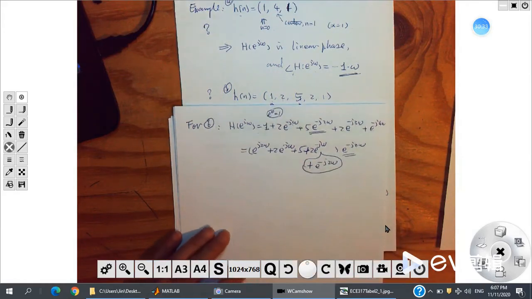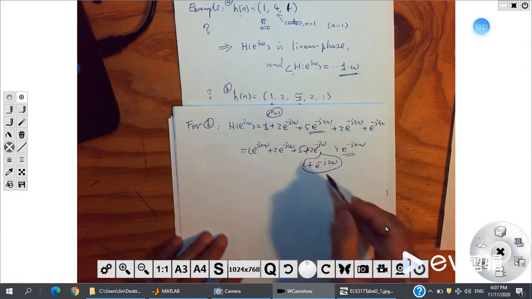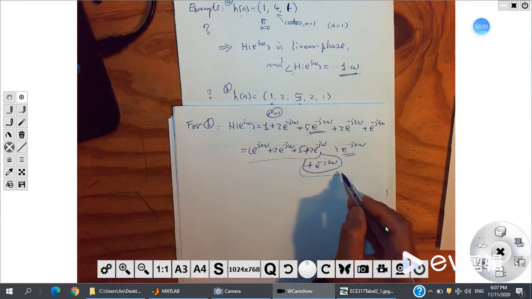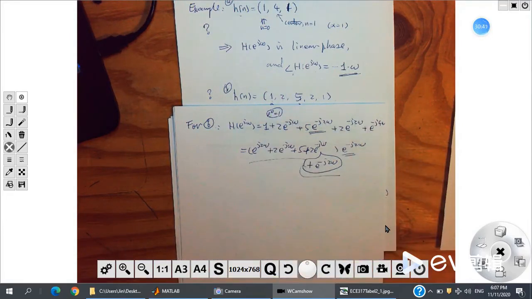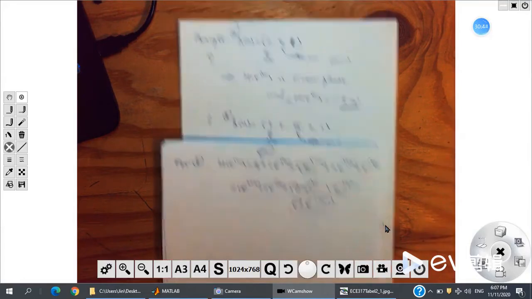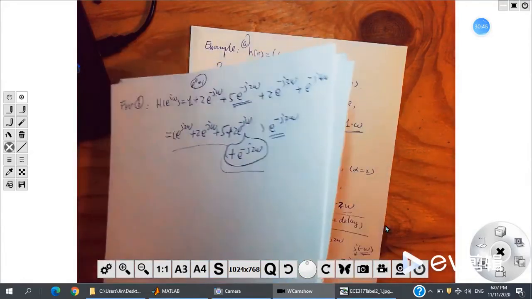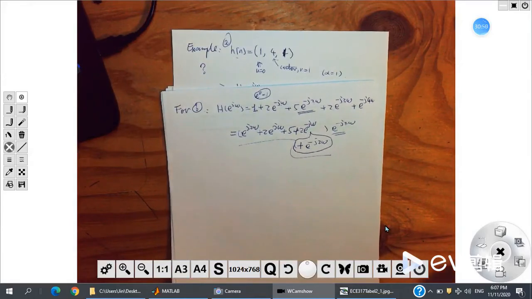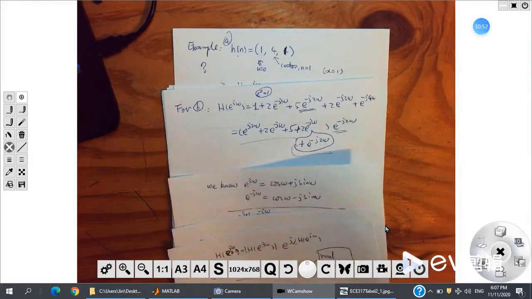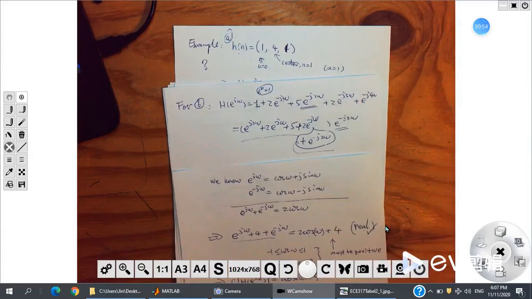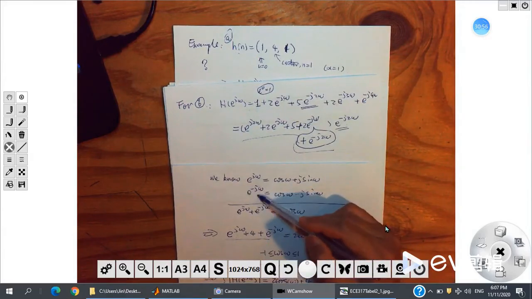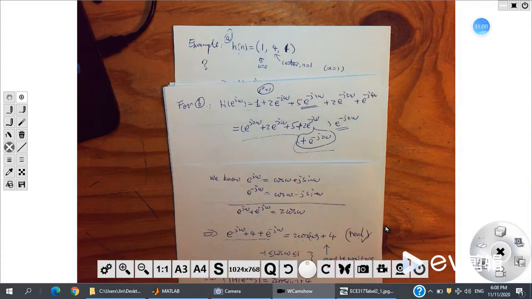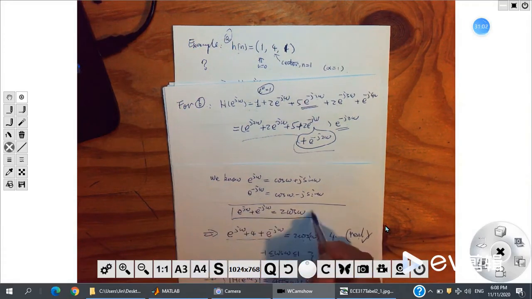Okay, then we have the same thing. We can try to write these in sine and cosine. So we can use that formula again, the formula relating the exponential power to the sine and the cosine. We try to use things similar to this.